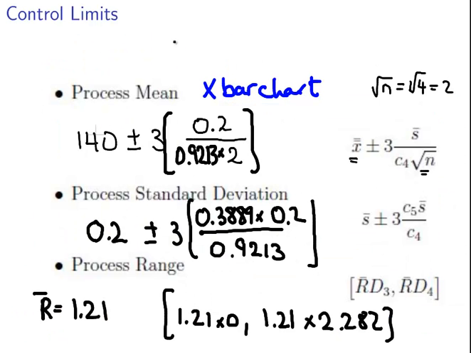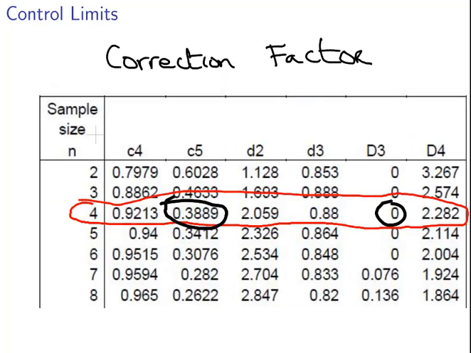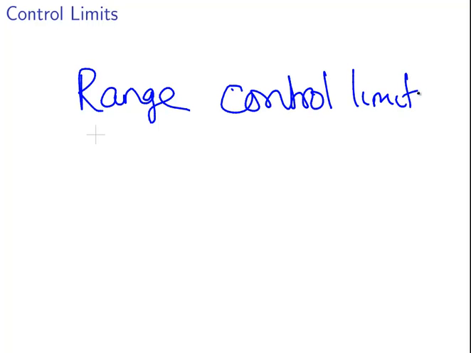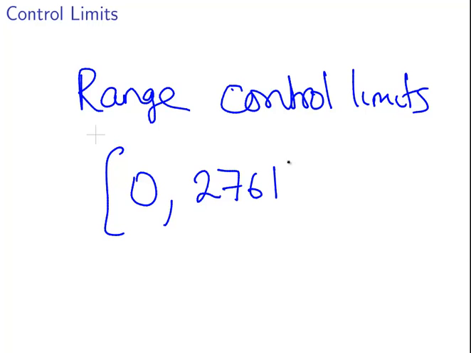This one here, that would work out to be 0 and 2.761. Range control limits, 0 and 2.761. Okay.